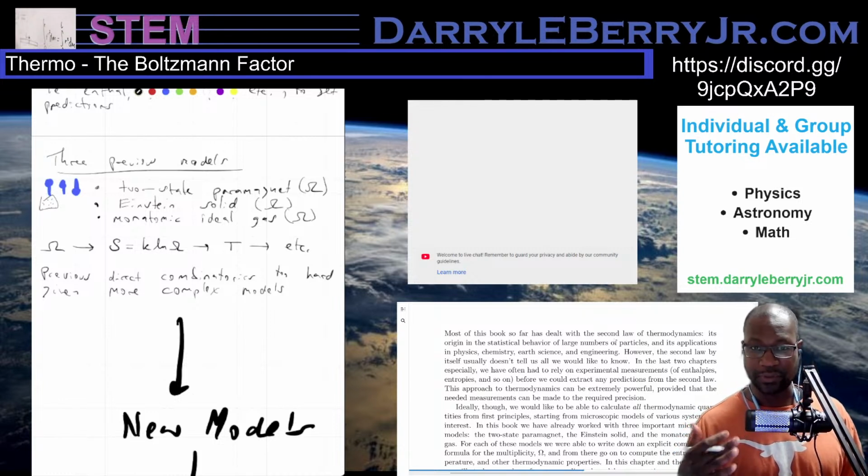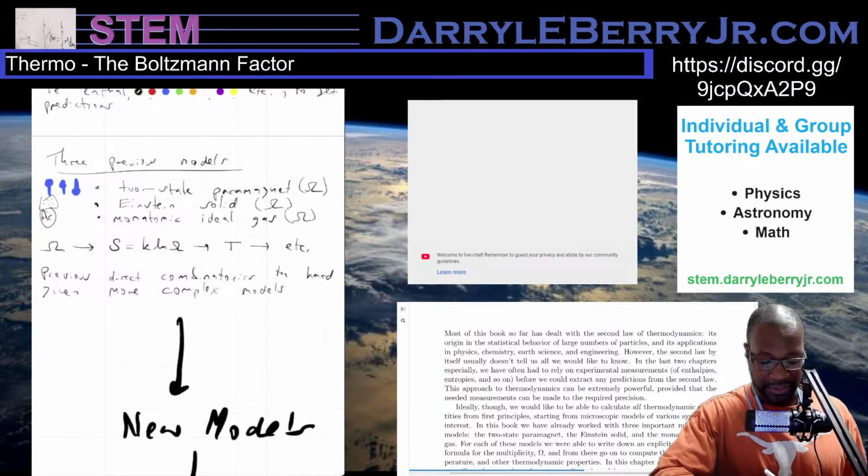So you have a whole bunch of equivalent oscillators that are grouped together. And the monatomic ideal gas, which is a gas made of atoms that are not bonded. So like argon, the first one that comes to mind. There's a few others.